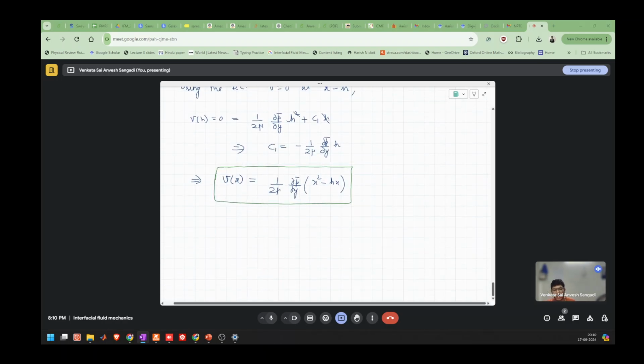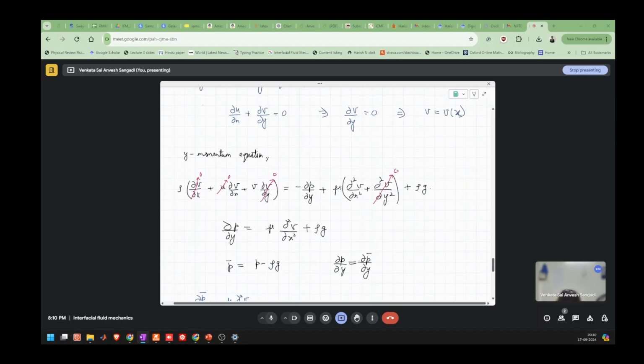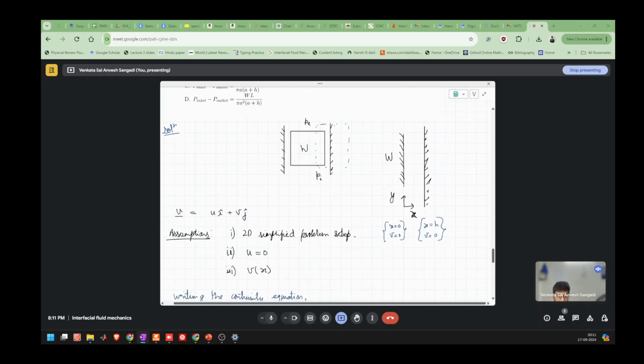Okay. Thus we have gotten the velocity distribution in the vertical direction. Now we are interested in calculating the pressure difference in the problem, so pressure inlet and pressure outlet.